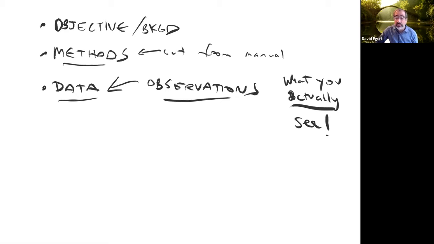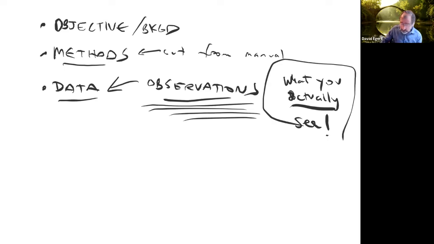You have to write down what you actually notice, what the world looks like rather than what you think the world should look like. That being said, if you get some observations that are really off from what you expect, it's worth double checking. Did I do something totally wrong? But in general, the observations are what you see.